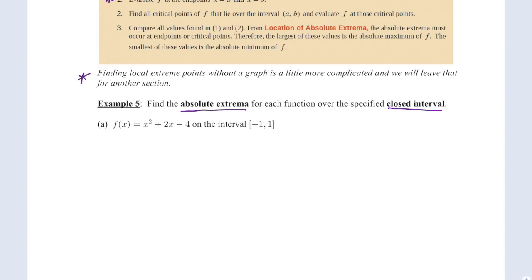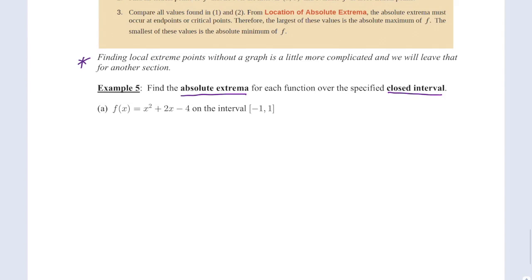And like it says here in this note, it's a little more complicated to find local extreme points, so we'll save that for another section. The rest of this section will be focused on finding absolute extreme points on closed intervals. So here, the first one is a quadratic function, x squared plus 2x minus 4, on the interval from -1 to 1.